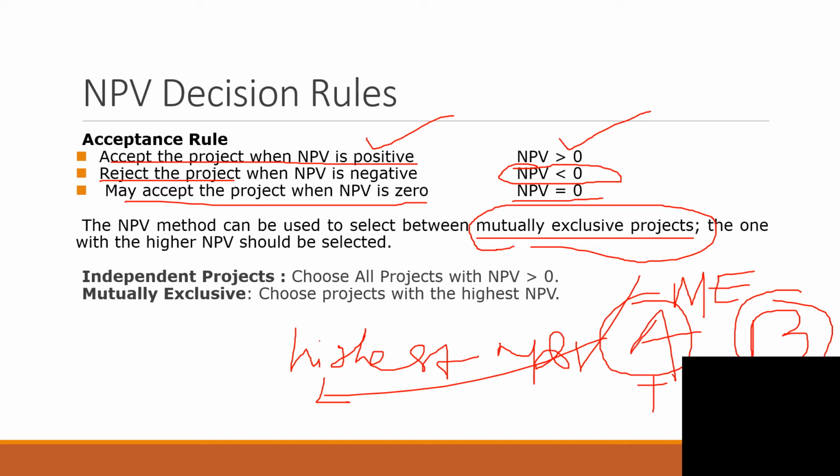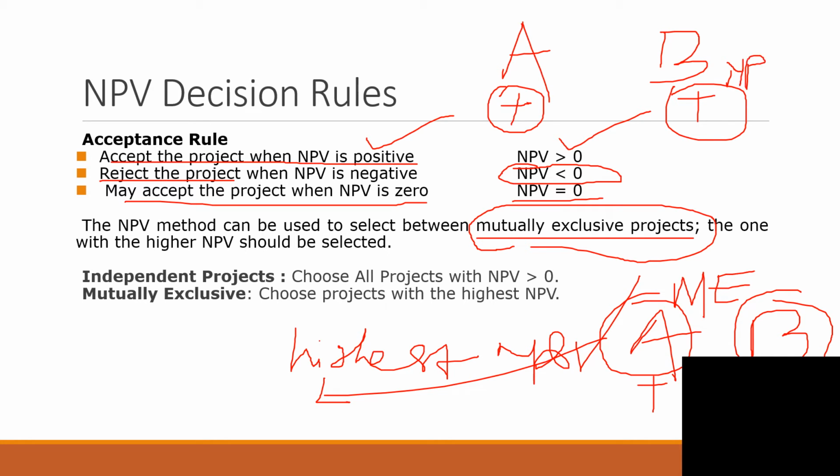But if the projects are independent, that means projects A and B can be undertaken separately and both have positive NPVs, you might consider undertaking both projects because you have the capital and the expertise, and both will increase the firm's value.